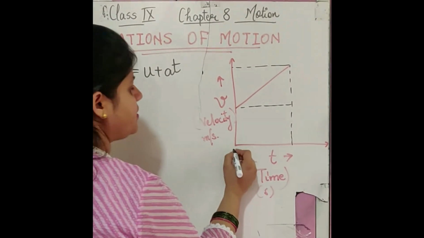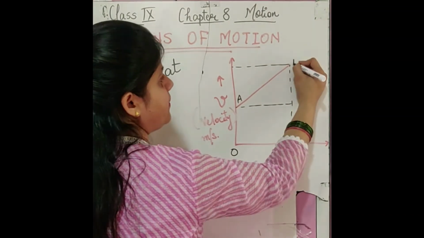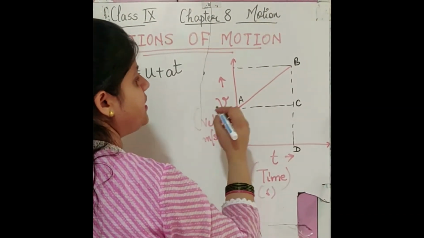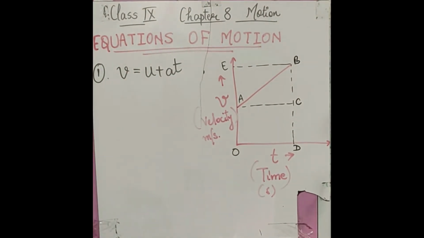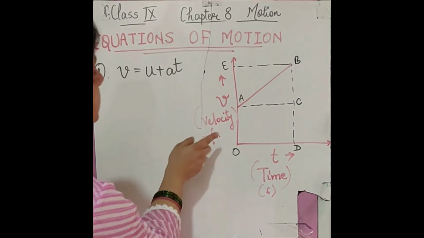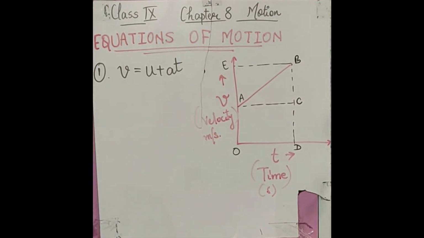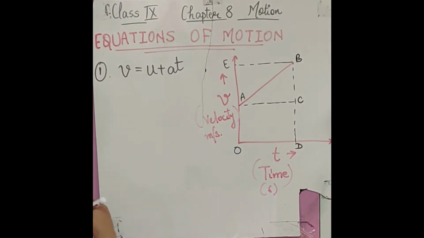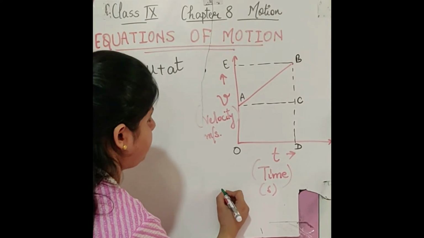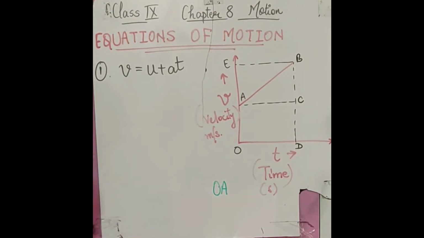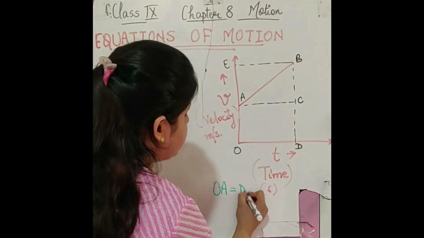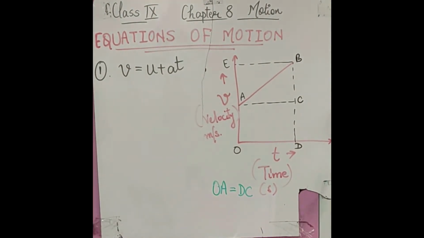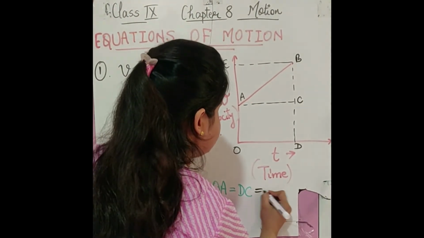And let's name the points O, A, B, C, D, and this point as E. Now, this is the initial velocity with which the object is traveling. So let's write down some points over here. OA and CD, or I would say DC, represents initial velocity, U.